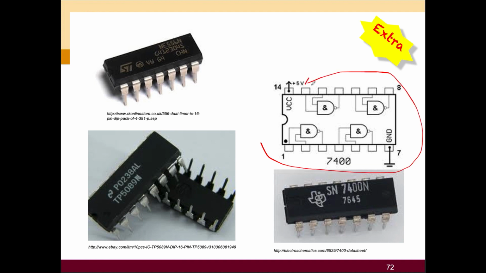It will move like this first, and then you number it starting from here for your left. So over here 2, 3, 4, 5, 6, 7, and so on, until pin number 14. This is the example of the 7400 chip.